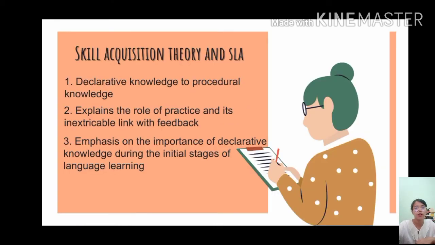The third connection of skill acquisition theory to second language learning is that skill acquisition theory puts emphasis on the importance of declarative knowledge during the initial stages of language learning.